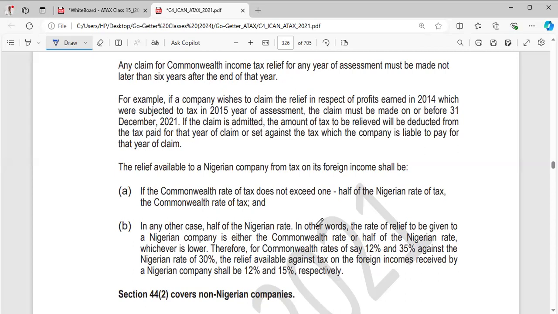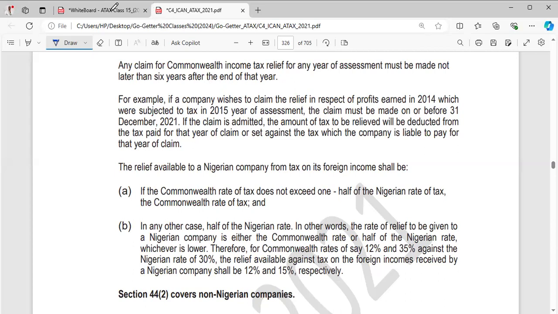If the Commonwealth rate of tax does not exceed one half of the Nigerian tax rate, then the Commonwealth rate of tax will be used. So what it means is this.